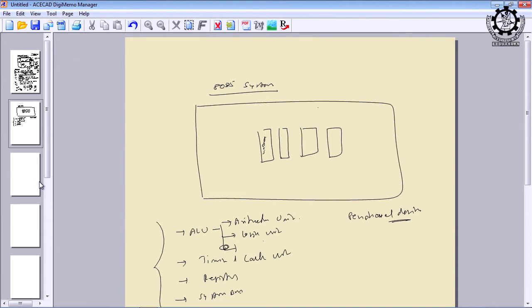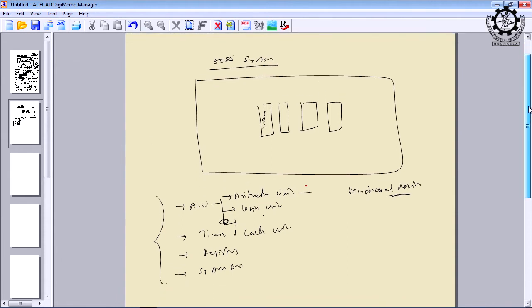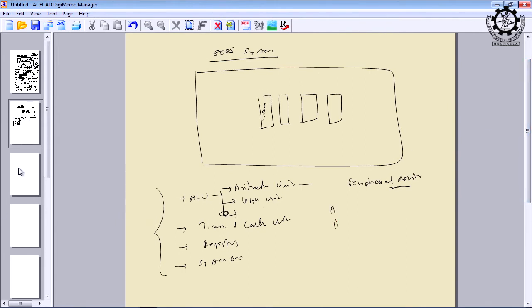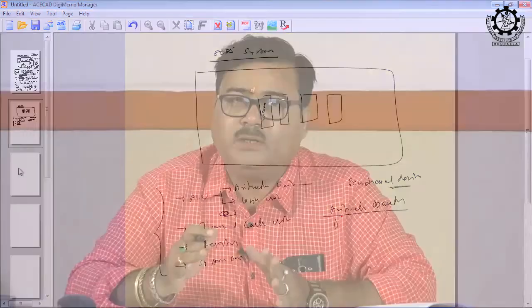So, what is the arithmetic unit? What are the different arithmetic operations? You can list them down. Remember, whenever you write the arithmetic operations, always focus on the type of microprocessor we are discussing, because many microprocessors may not have all capabilities.